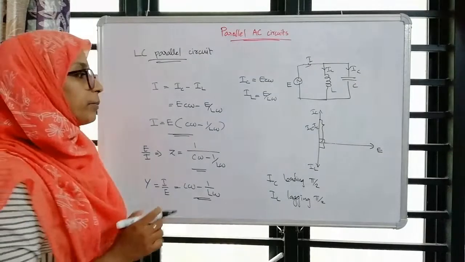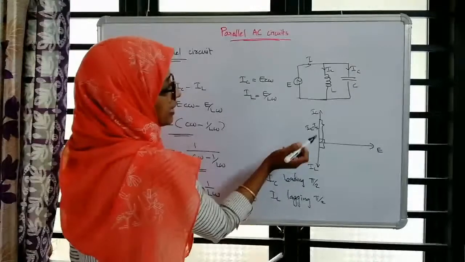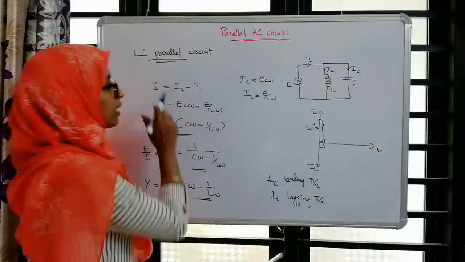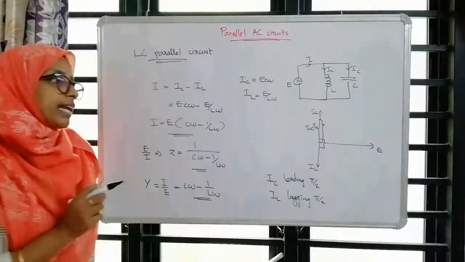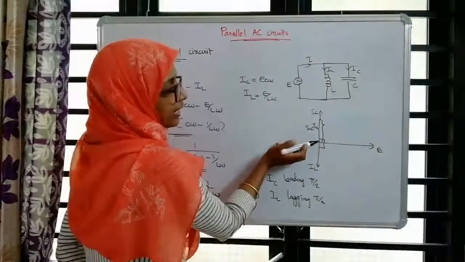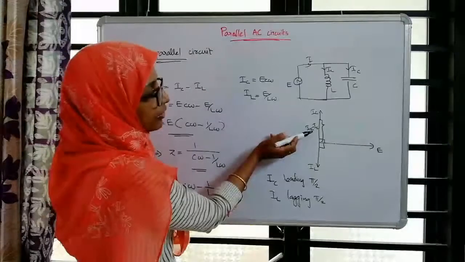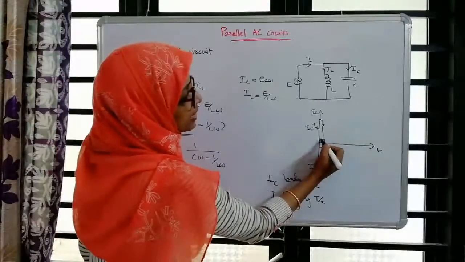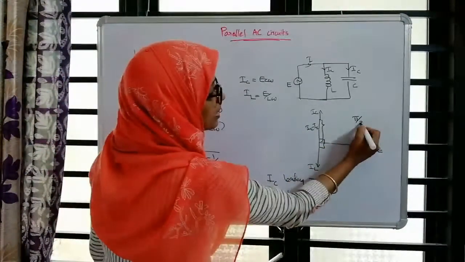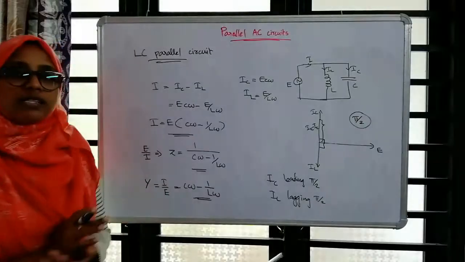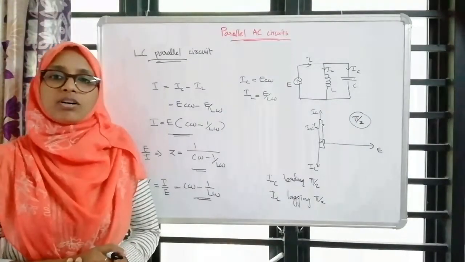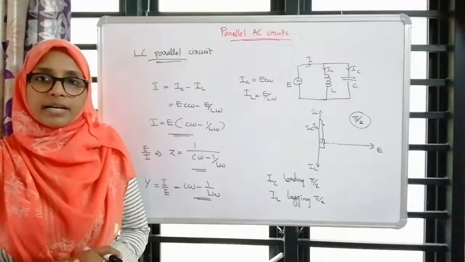Okay, then one more term to explain is the phase difference between the effective current and the alternating EMF. From this vector diagram, we can say that the phase difference between the effective current and the alternating EMF is pi by 2.